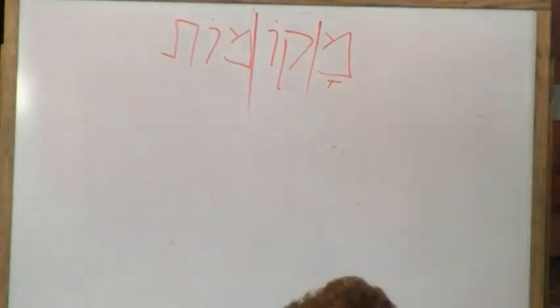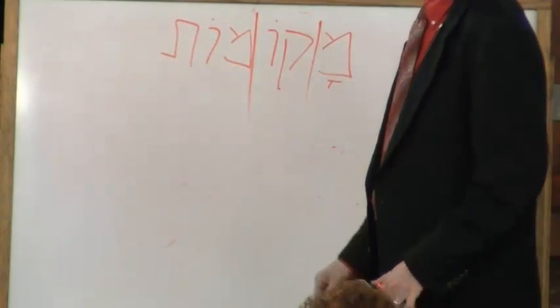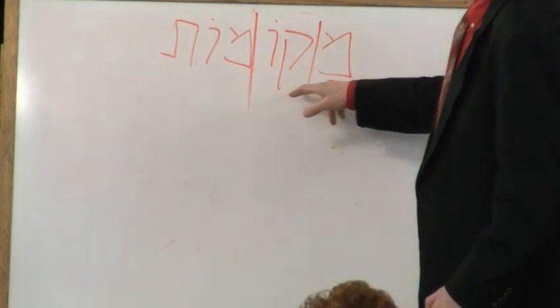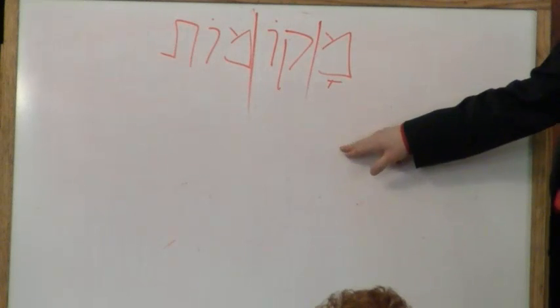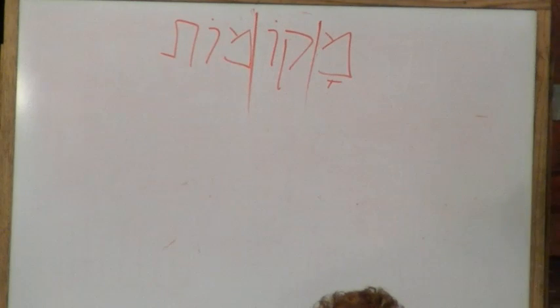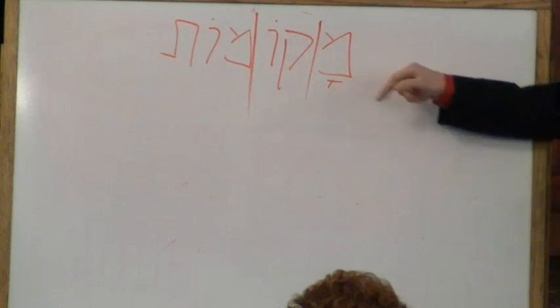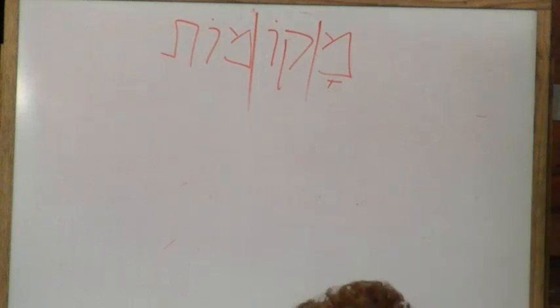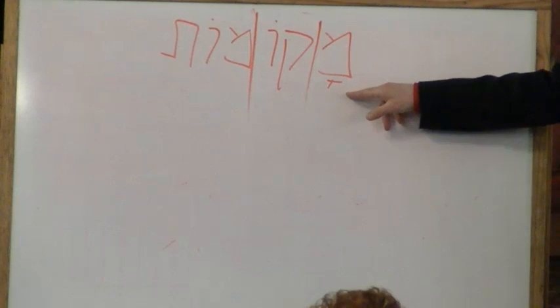Now, the tonic syllable, the accented syllable, is the ot, the last one. So this is the pretonic and this is the propretonic. Now, what is the vowel on this propretonic syllable? Qamets. Now, the rule of the propretonic reduction is you can't have a qamets in a propretonic syllable.